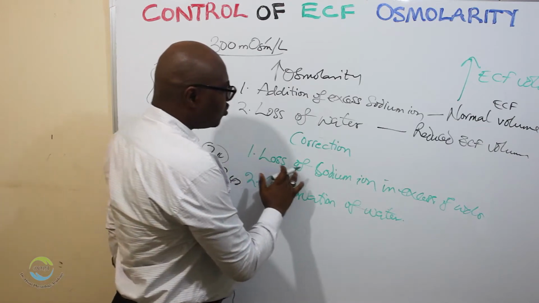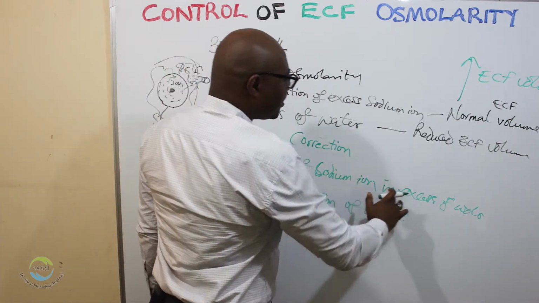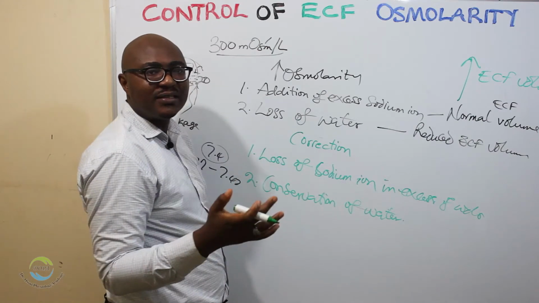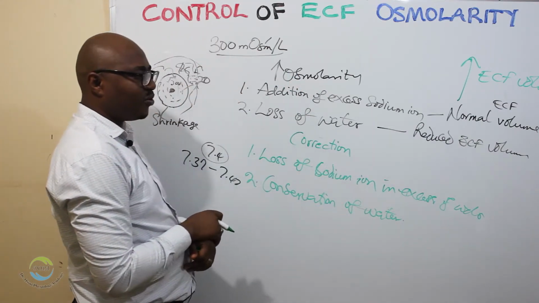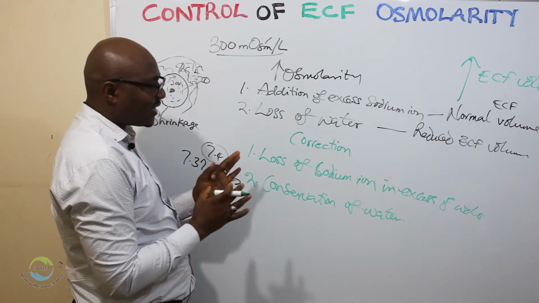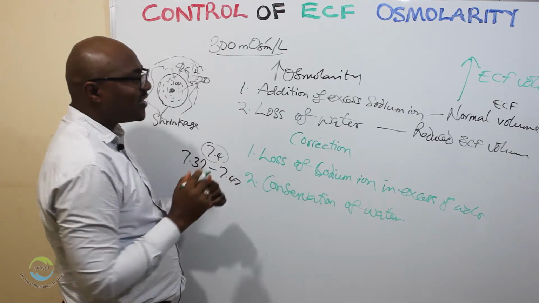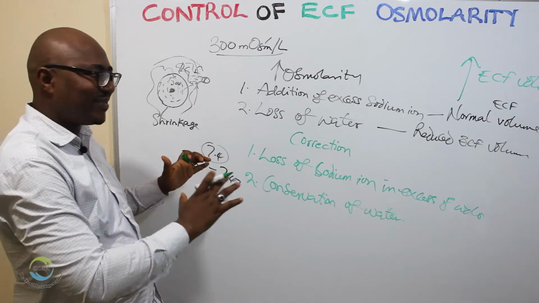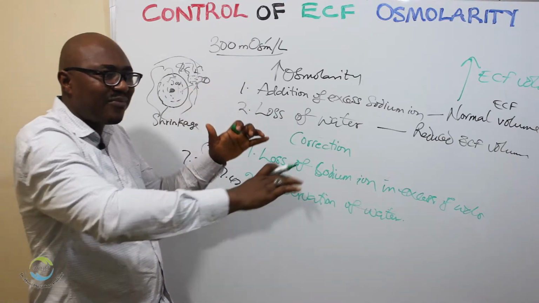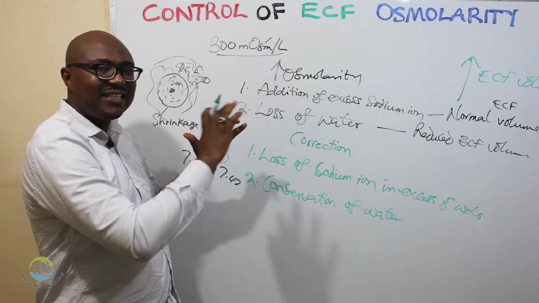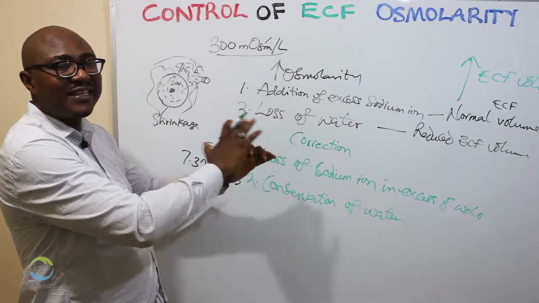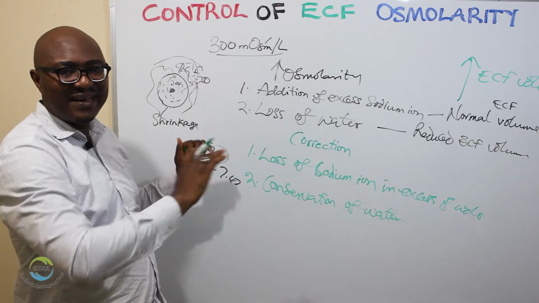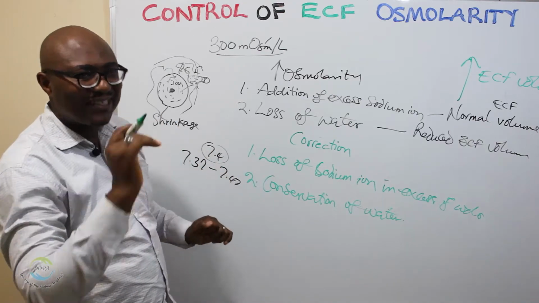You're trying to lose only sodium, but water is following it. So you now have decreased volume. So that's the problem. But now let's look at the different mechanisms and we'll see how all of them relate to each other and result in a perfect balance after this break.